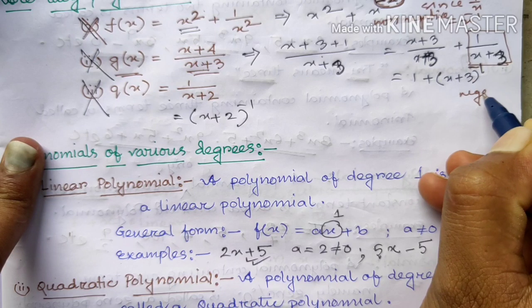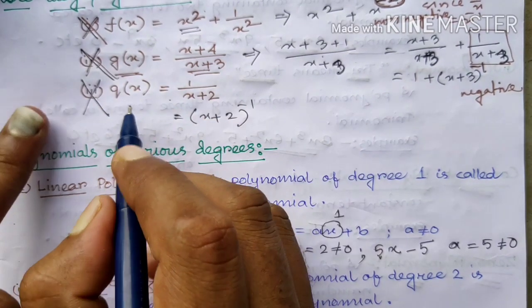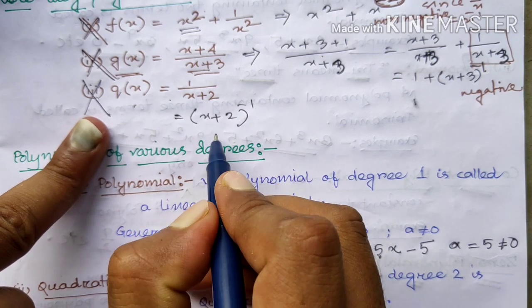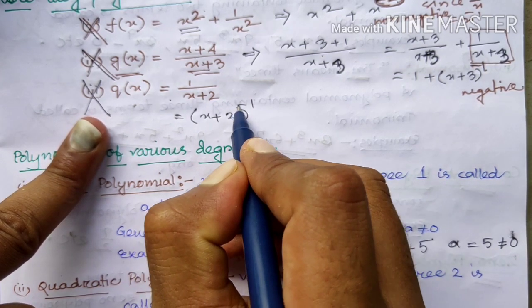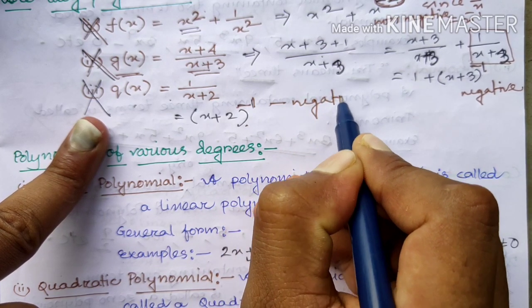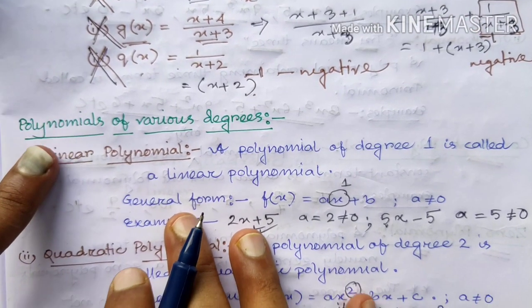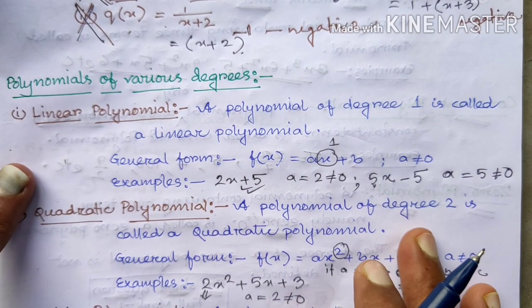Here minus 1 is a negative integer, hence g of x is not a polynomial. And also for q of x equal to 1 by x plus 2x plus 2 whole inverse, this is also not a polynomial.